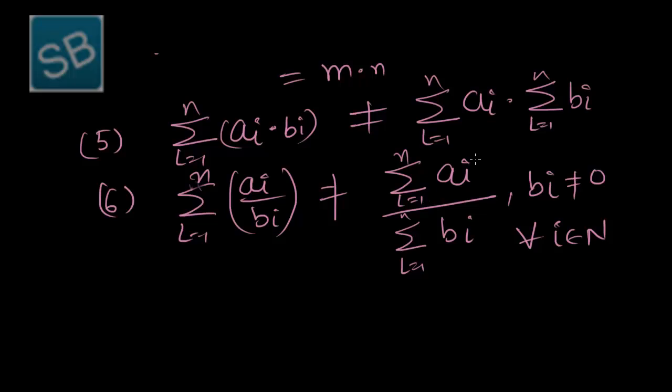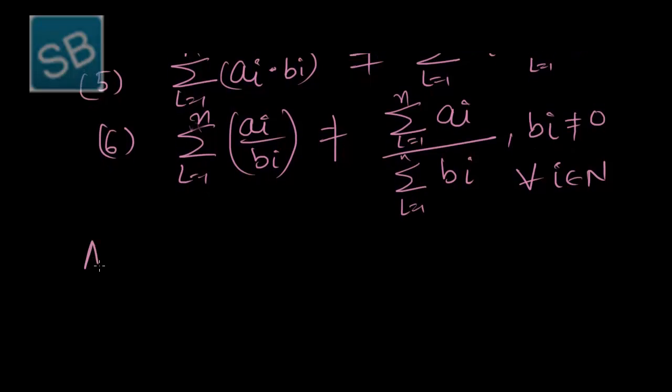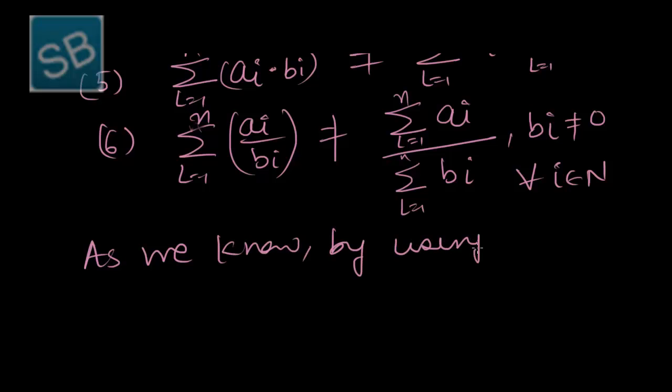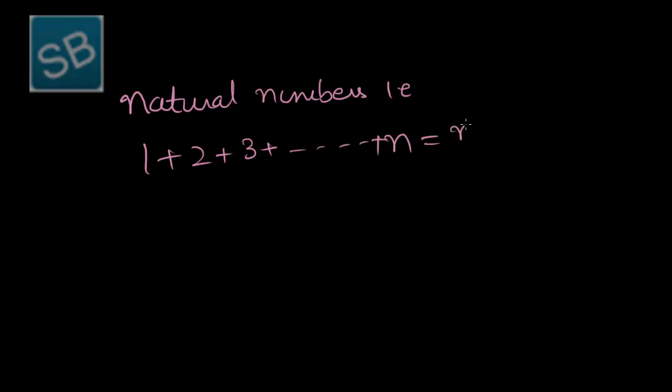And as we know, by using AP series, the sum of first n natural numbers, that is 1 plus 2 plus 3 up to n, is equal to n into n plus 1 over 2.